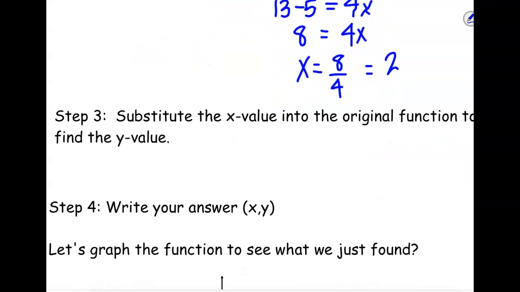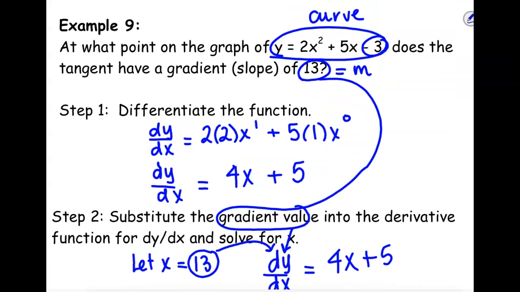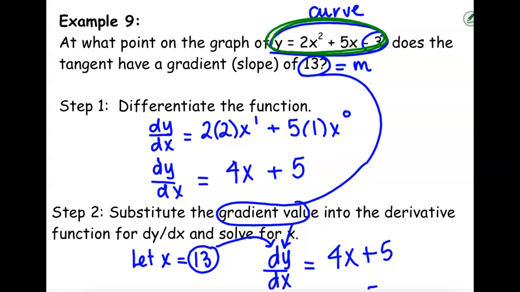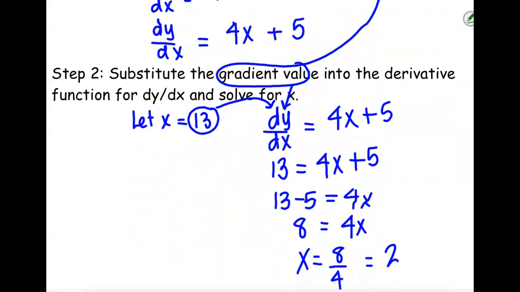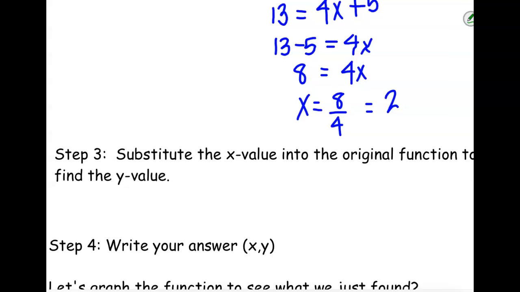All right, step 3 is to now substitute the x into the original function to find y. So you're going to substitute that x value into the original. So I'm just going to change colors here. Here is my original function, and I'm going to substitute my x into that function.